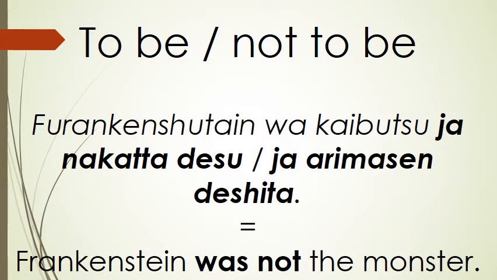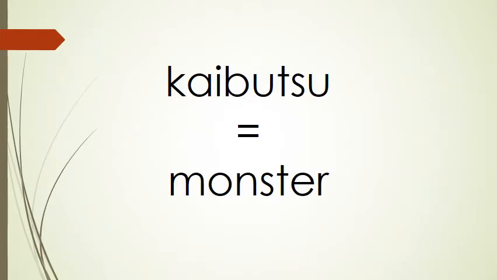And if I said Furankenshutain wa kaibutsu ja nakatta desu or ja arimasen deshita, that would mean Frankenstein was not the monster. And you probably noticed I introduced a new vocab word there. Kaibutsu means monster in Japanese.